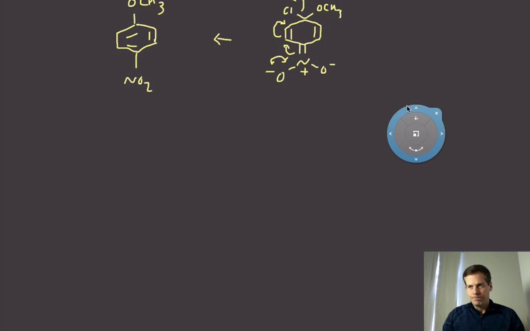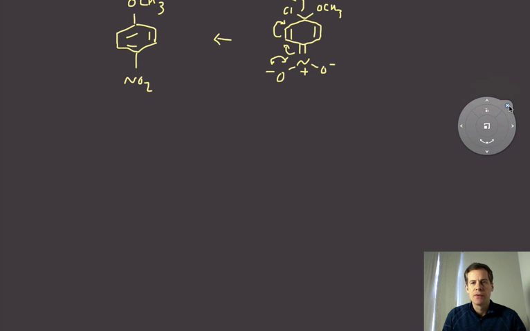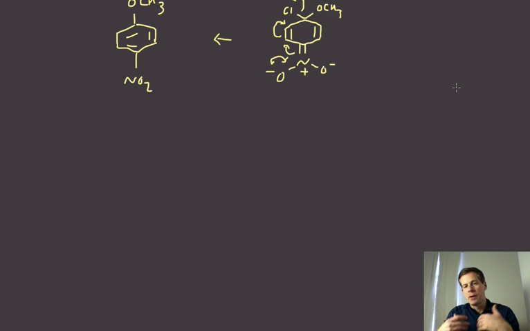Now, how do we rationalize that these other isomers did not react, or how do we rationalize that the ortho isomer did react, but the meta isomer did not react? Well, basically all you have to do is to evaluate the stability of those anionic intermediates, right?